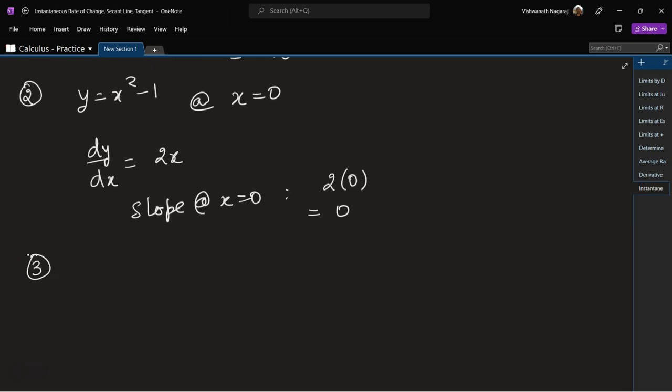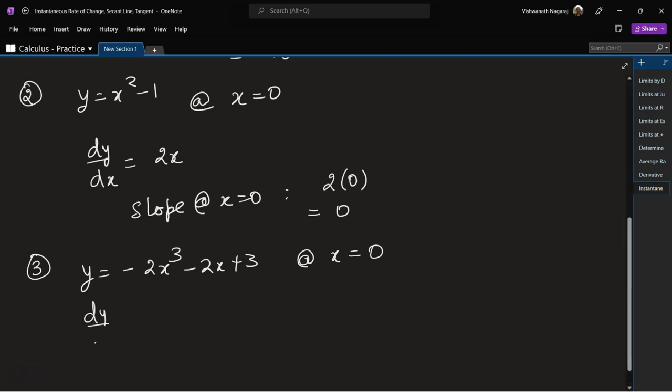Third one, y is equal to minus 2x cubed minus 2x plus 3. And again we have to figure out at x equal to 0 the slope or the instantaneous rate of change.